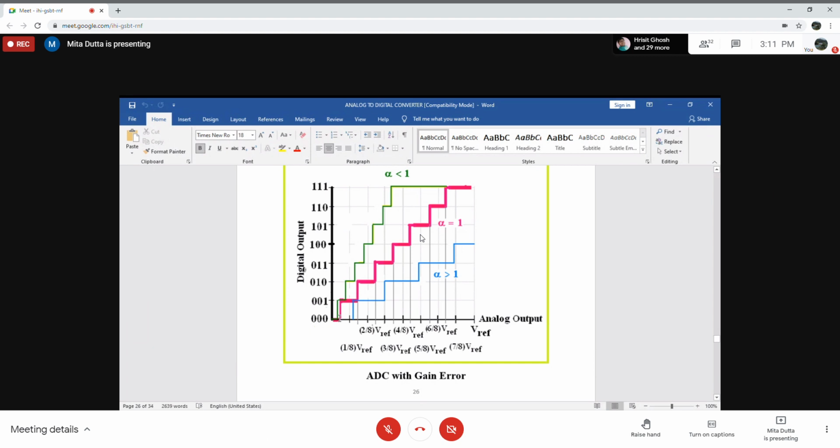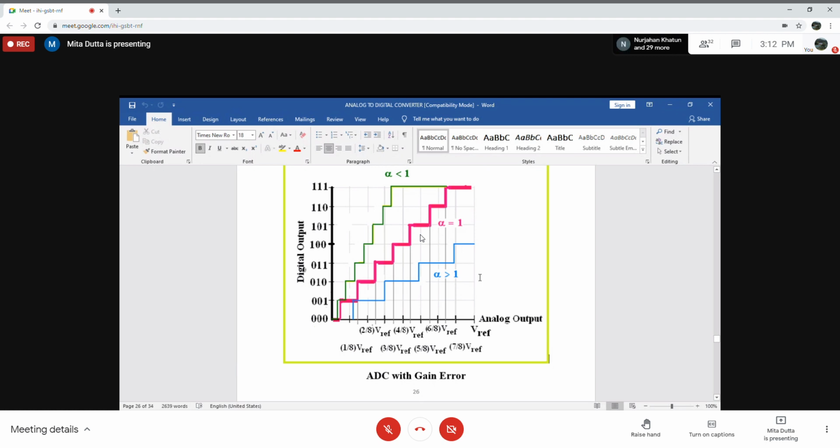And this ADC is an ideal ADC. Except these two, the code width will always be equivalent to 1 LSB or quantization step, because the quantization step is Vref by 2 to the power n, where n is the number of bits. Now, if there is a variation in the code width, then the ADC has an error, and this error is known as linearity error.